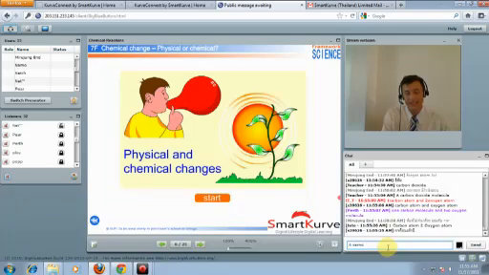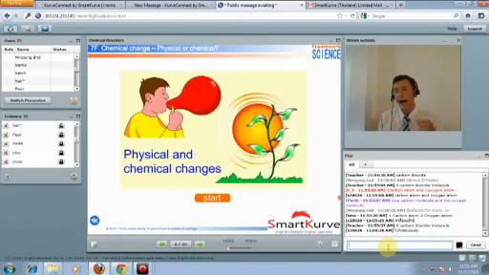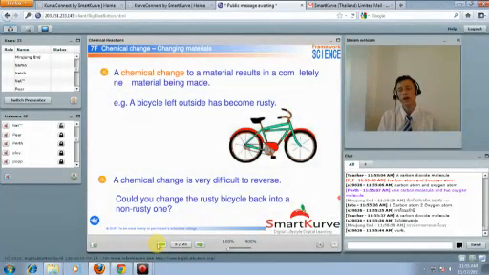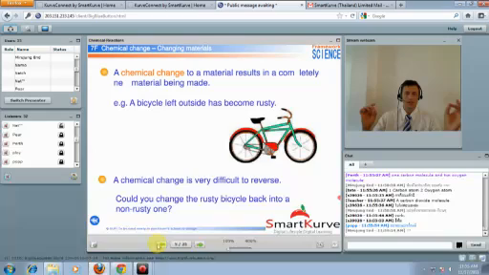So our complete sentence there: a carbon dioxide molecule has one carbon atom and two oxygen atoms. So when we have a chemical change, we are actually creating new molecules by moving some of those atoms around.